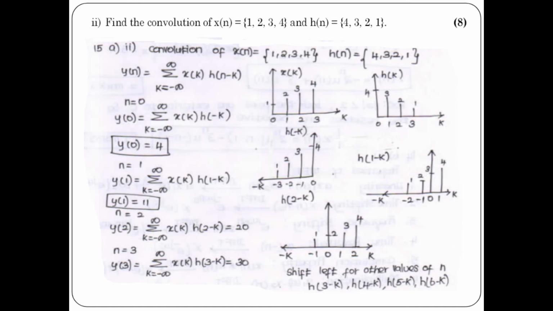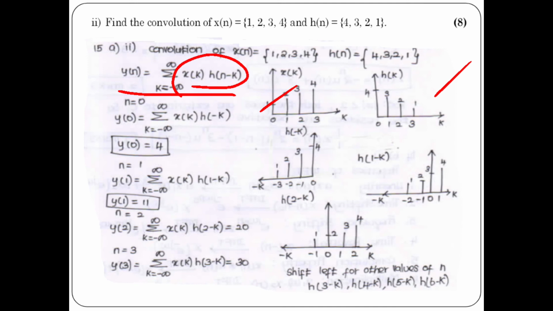Since this is an 8-mark question, we have to write the equation. We should not follow the tabulation method. The tabulation method can be followed for verification purposes. So draw x of k, draw h of k. We have to convolve both the signals.